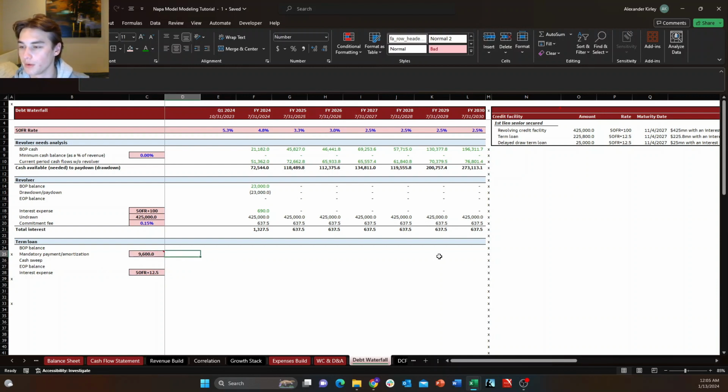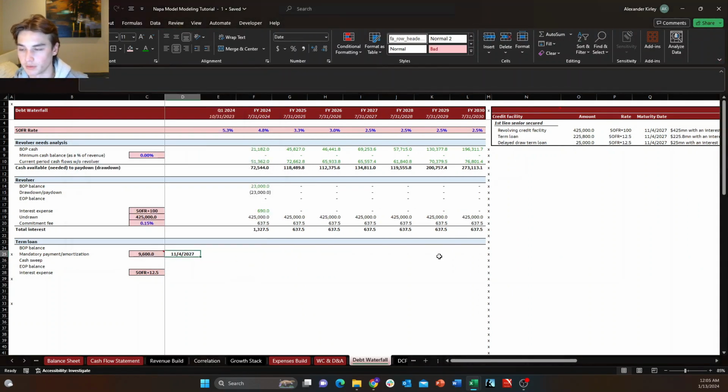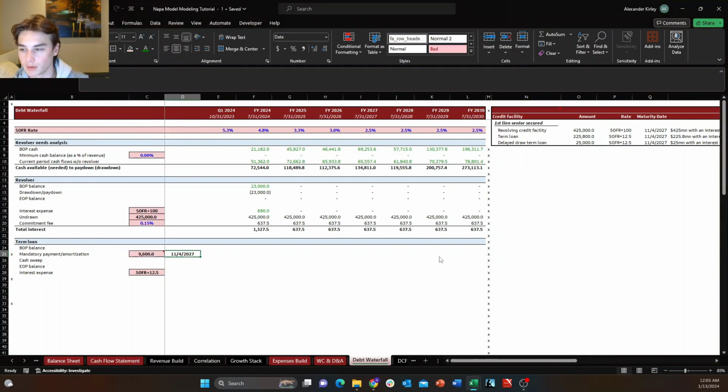We also want to incorporate the maturity date in column D so we can figure out when we want to incorporate it into the full payment.